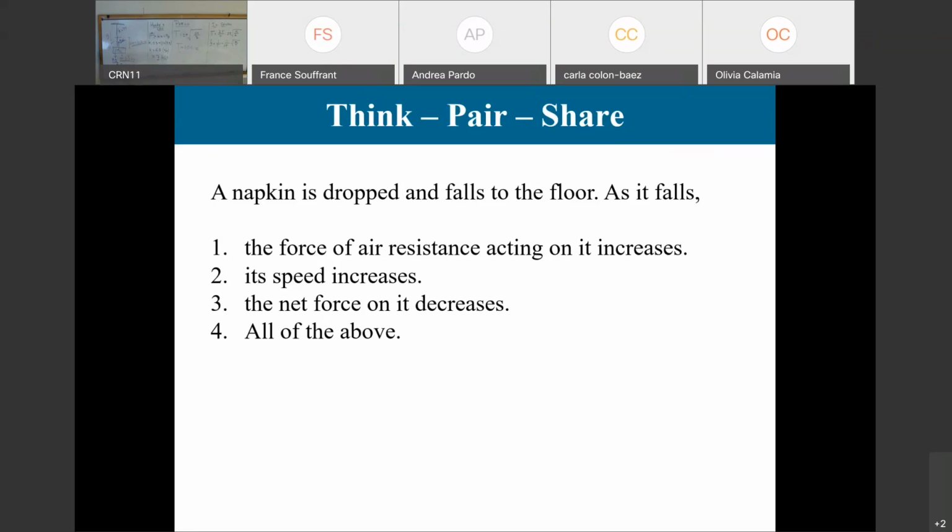But you can claim that the net force on it decreases. It depends, right? The force of air resistance acting on it increases. It really depends on the nature of it. But the one that is always true in this case is that the net force on it decreases. Why? Because the air resistance, as the body is falling, gets bigger. So I would say all of the above, because as it falls, the speed also increases.